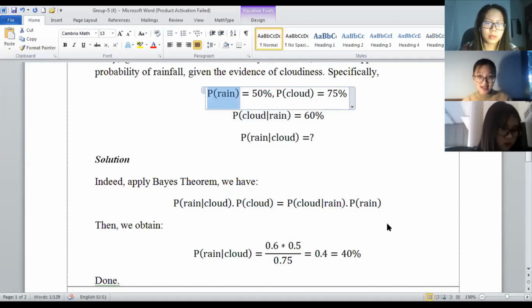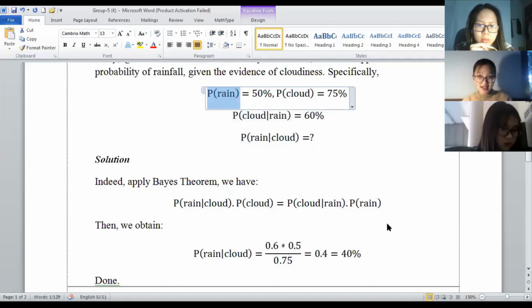That means it really has many applications in real life. This example gives us an idea to predict the weather.